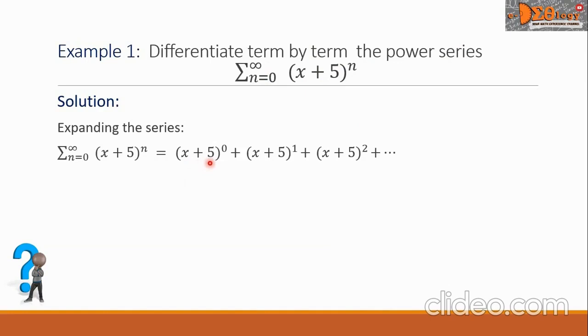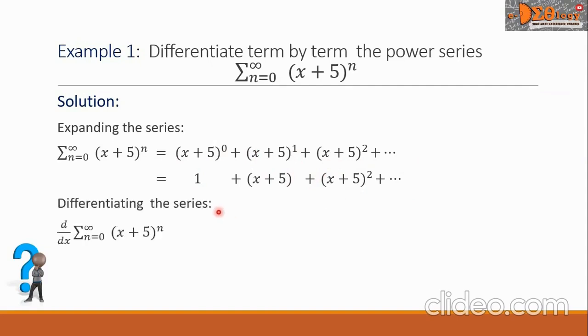The x plus 5 is raised to power 0 plus the quantity x plus 5 is raised to 1 plus the quantity x plus 5 is raised to 2 plus and so on. We can simplify this further. This x plus 5 raised to 0 is equal to 1 plus this term here we can remove the exponent 1 plus then we copy the remaining terms.